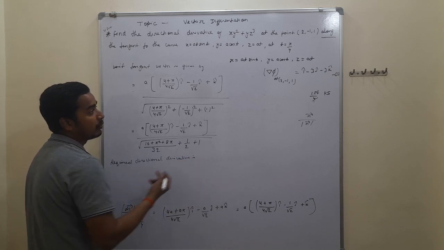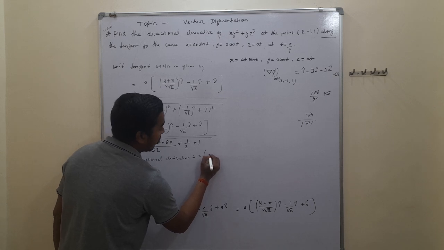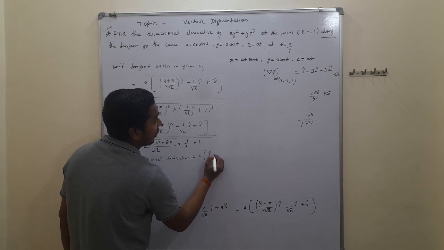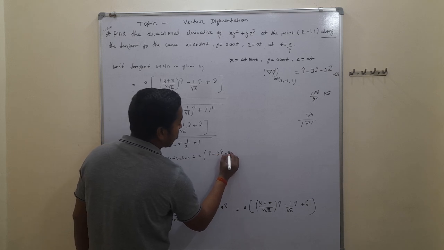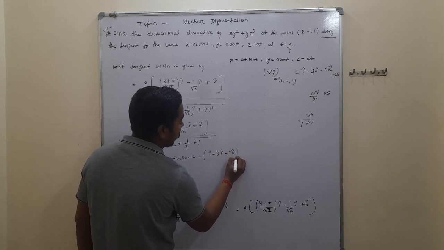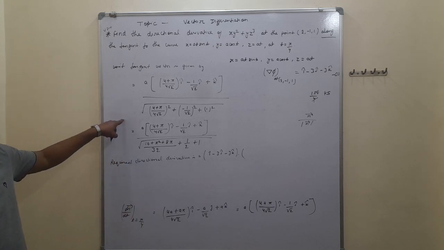For the required directional derivative we use equation 1. This is given by i cap minus 3j cap and minus 3k cap. We take the dot product with the unit tangent vector at t = π/4.